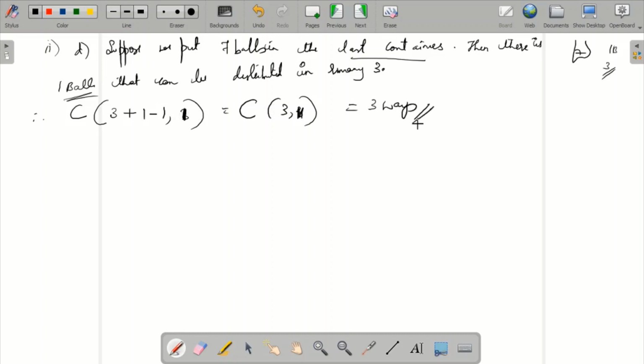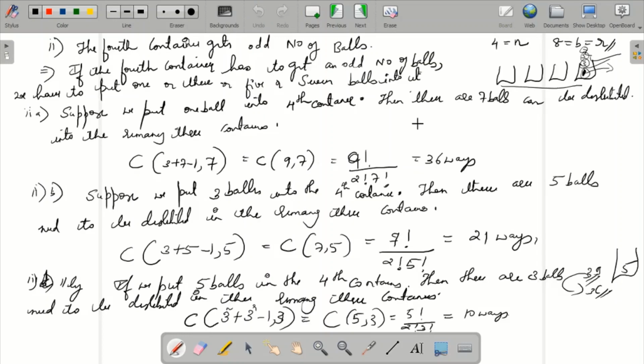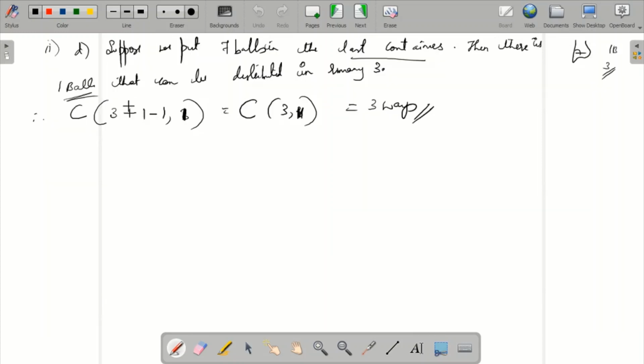So we got these many ways when it was 1, 3, 5, 7. So whether it is happening simultaneously? No. In the container there should be an OR. So it is actually an either-or case. So we should add all the ways.